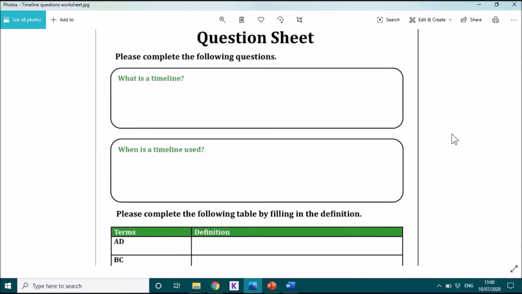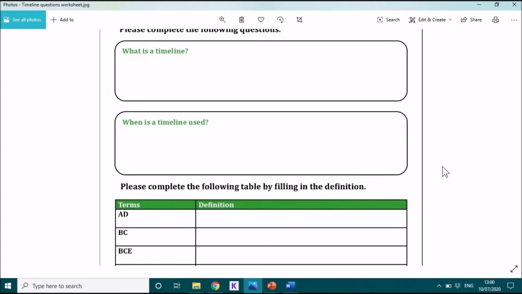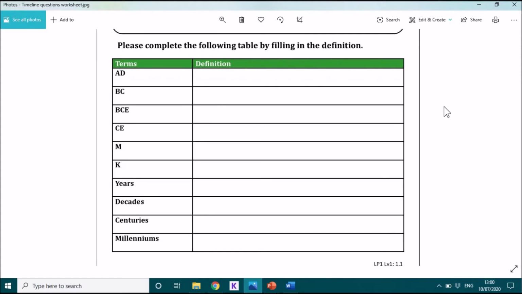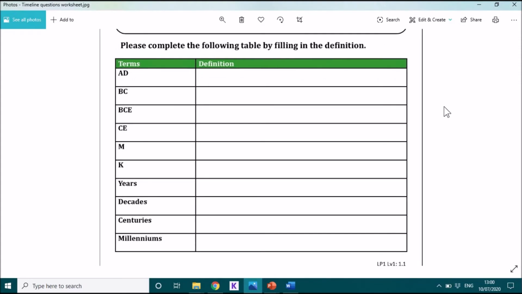And it's asking quite simple questions. What is a timeline? When is it used? And then it's asking you to complete the following table by filling in the definitions. Now, some of the terms I have belatedly spoken about in the timeline presentation.